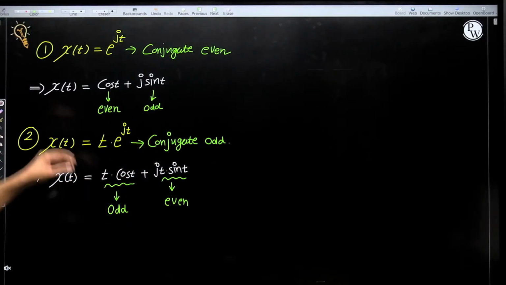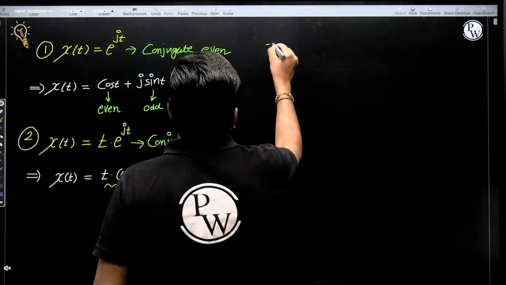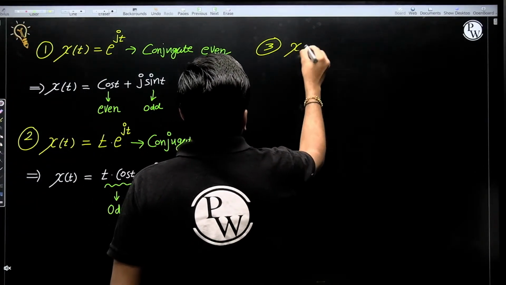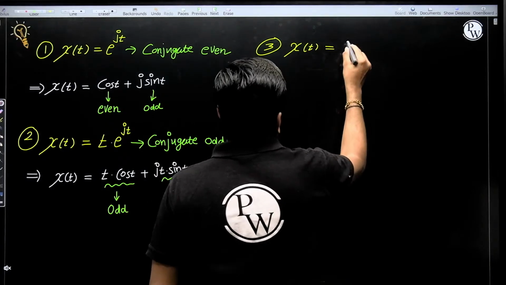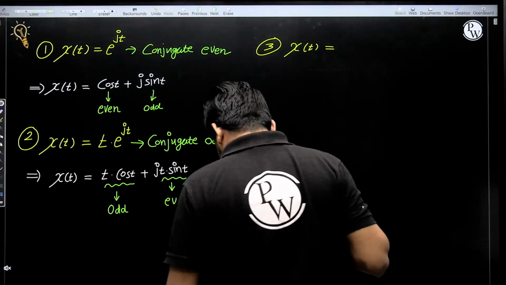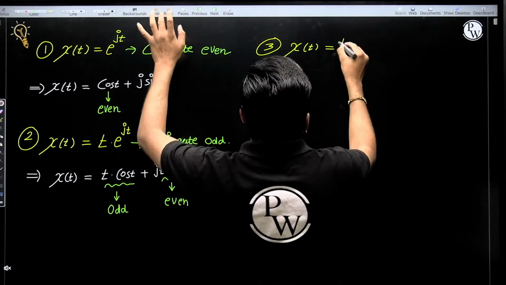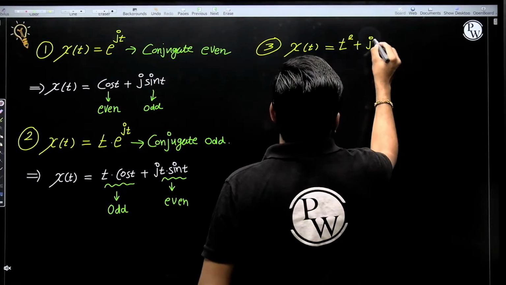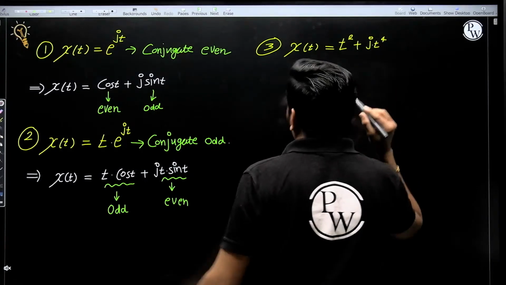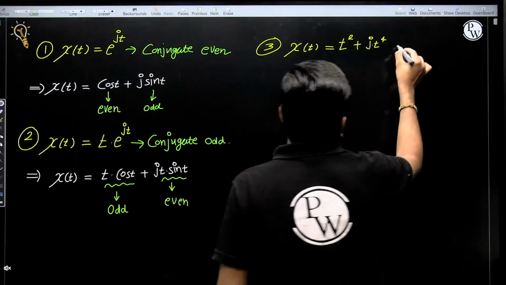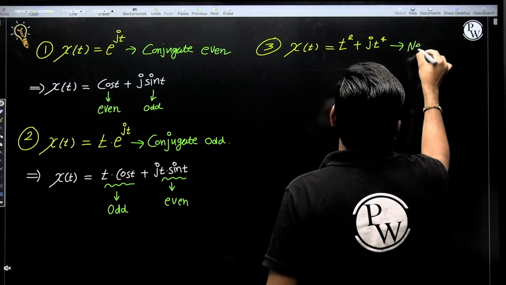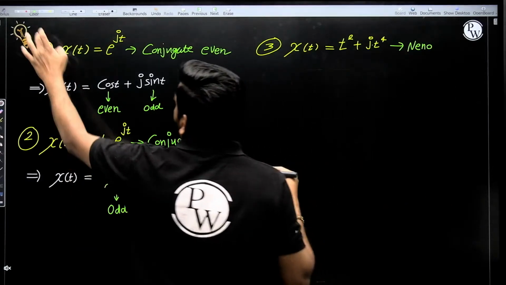Third question, x of t is equal to t square plus j t power 4. It was a neither signal, neither conjugate even nor odd.